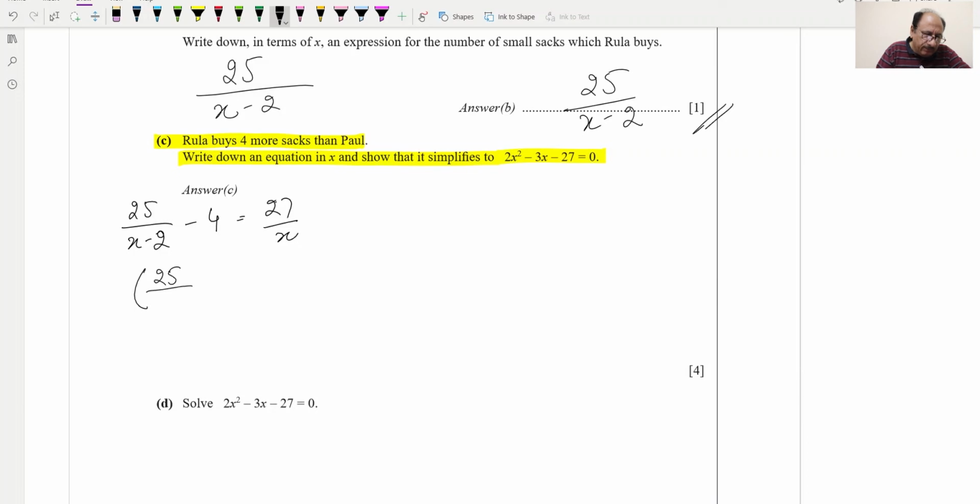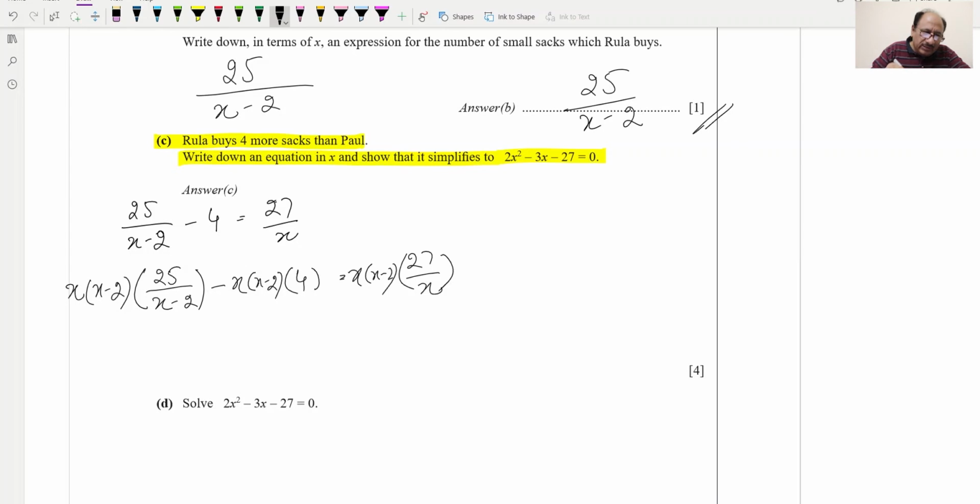To simplify algebraic fractions, this is the simplest method which I am explaining. Put everything in brackets like this, and to get rid of these two denominators, multiply everything by x into x minus 2, x into x minus 2, and here also x into x minus 2.